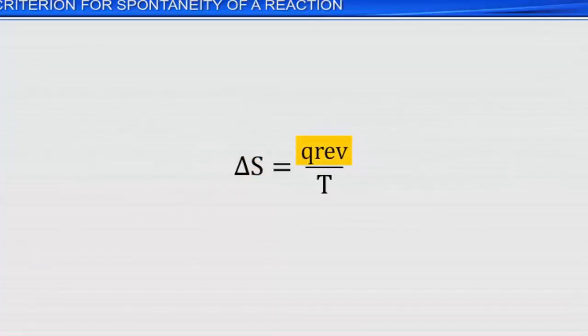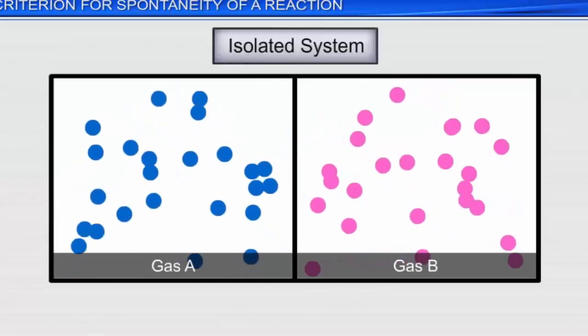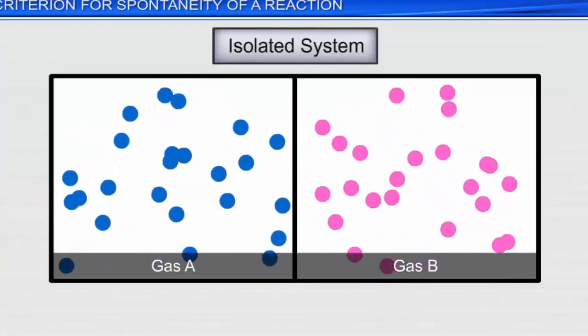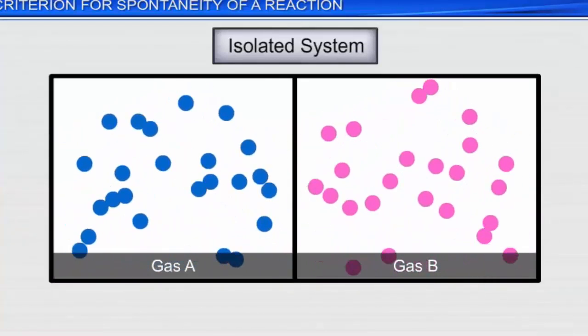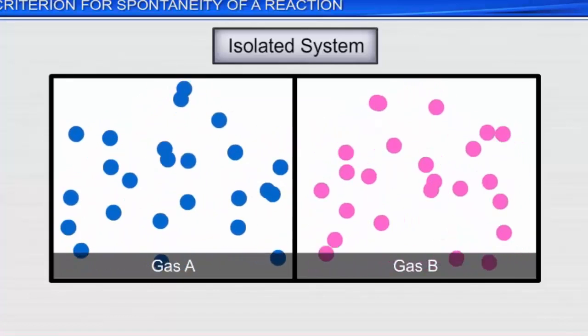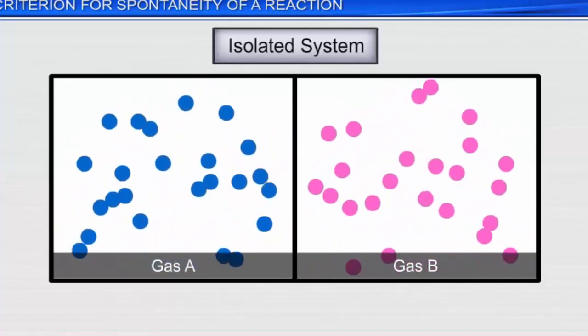Now, let's see how it relates with spontaneity. Returning to the example of mixing the two gases in the container, this process does not involve any exchange of matter or energy with the surroundings. Hence, this is an isolated system.